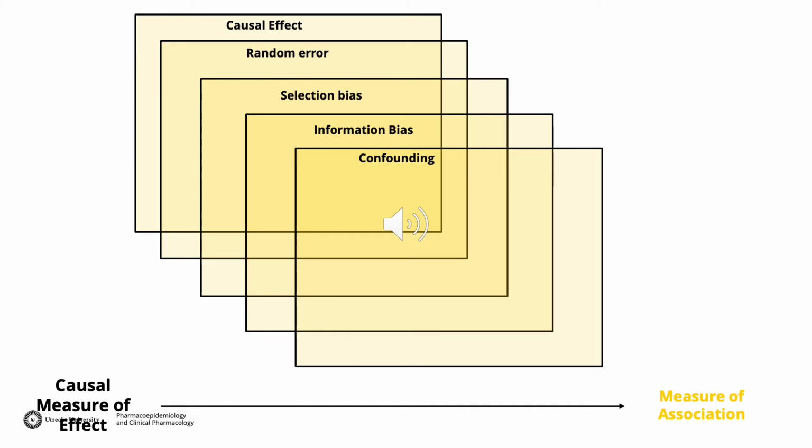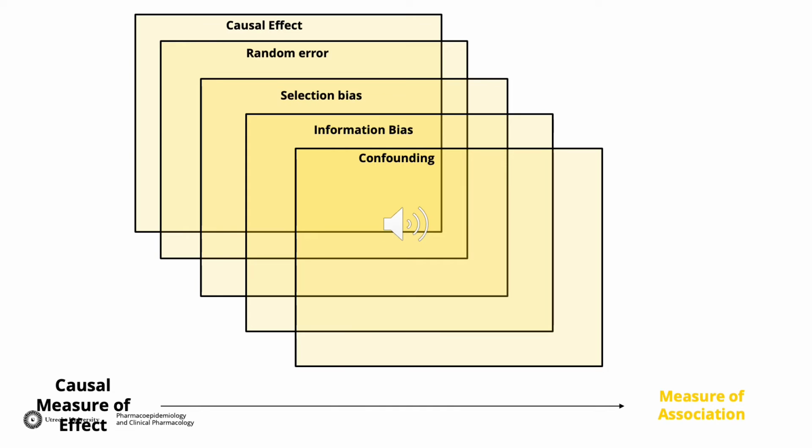There's still a lot of ways to prevent things like confounding, information bias, etc. in observational studies, but that's why we tend to refer to the measures we calculate in terms of the effect of a medication on an outcome in an observational study as a measure of association.